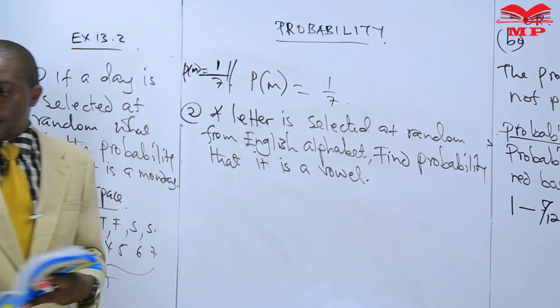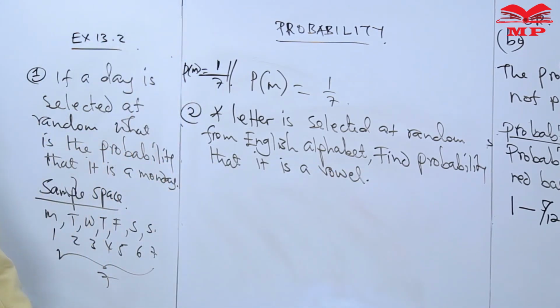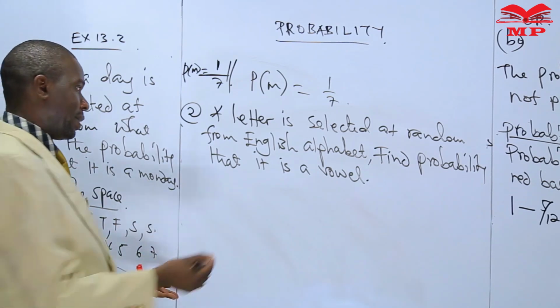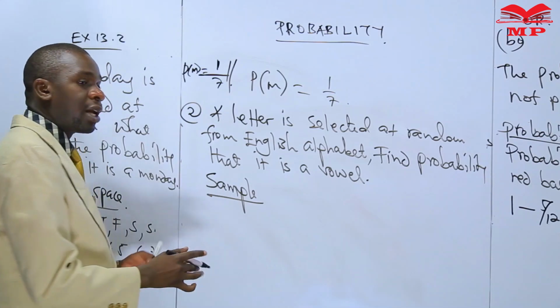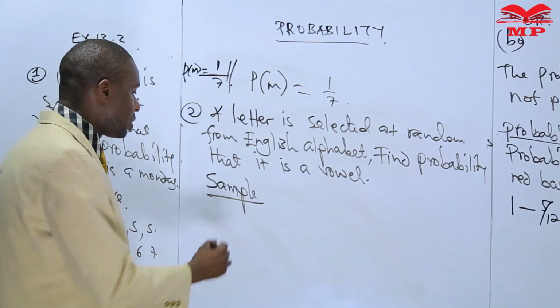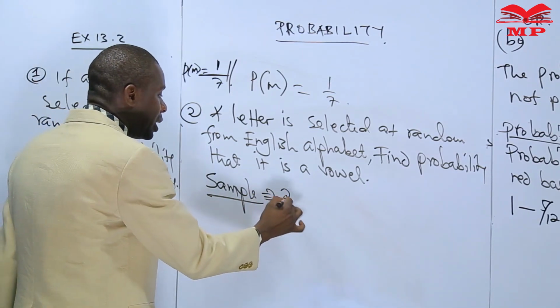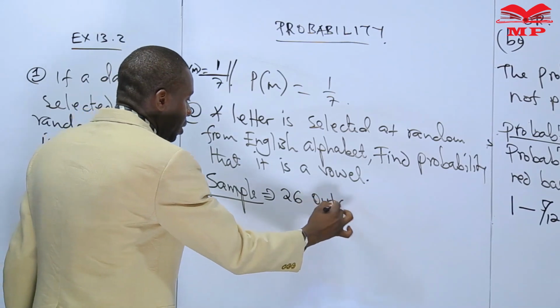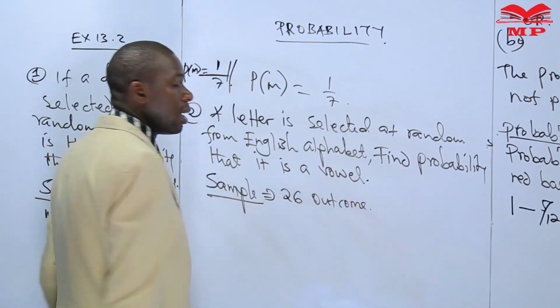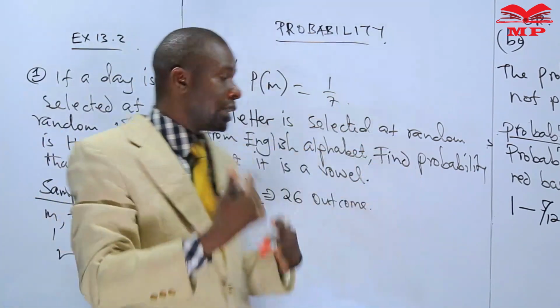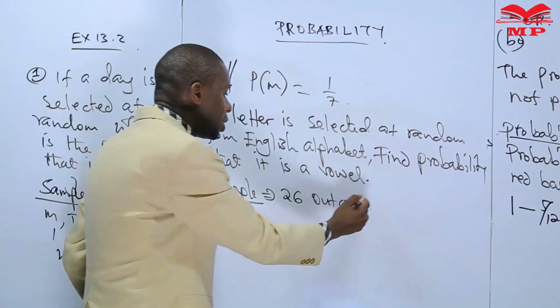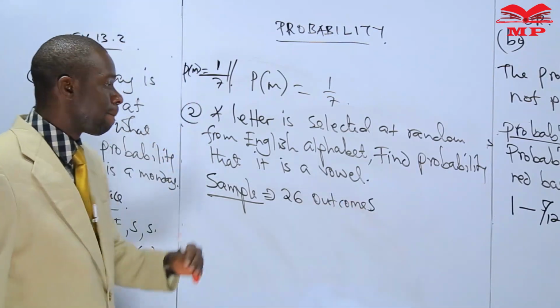Now, again in this case, we have to know our sample space. So our sample space, or the total number of outcomes, including both vowels and consonants, has 26 outcomes. In other words, when you look at the alphabet in English, there are normally 26 letters.